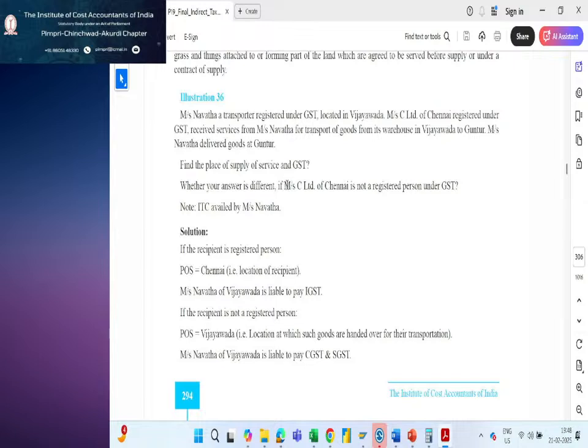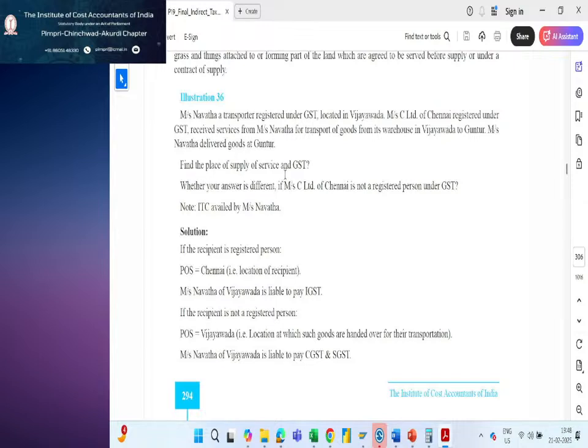Mrs. Navata, a transporter registered under GST, located in Vijayawada. Mrs. C Limited of Chennai, registered under GST, received services from Navata for transport of goods from its warehouse in Vijayawada to Guntur. Navata delivered the goods at Guntur.